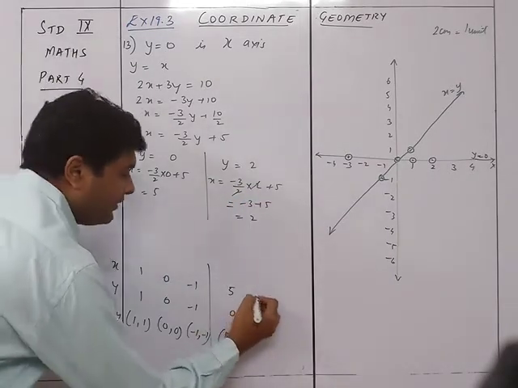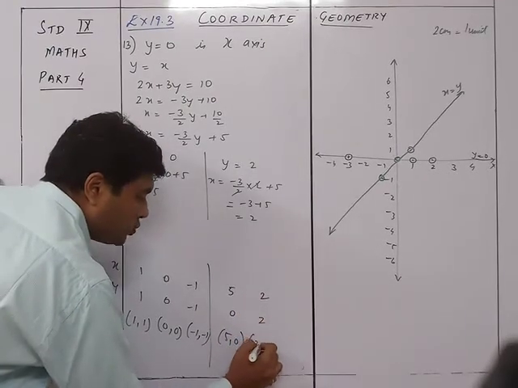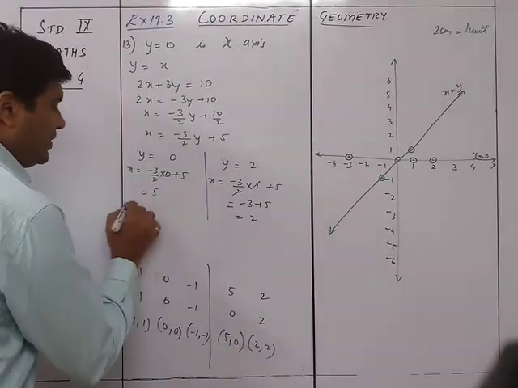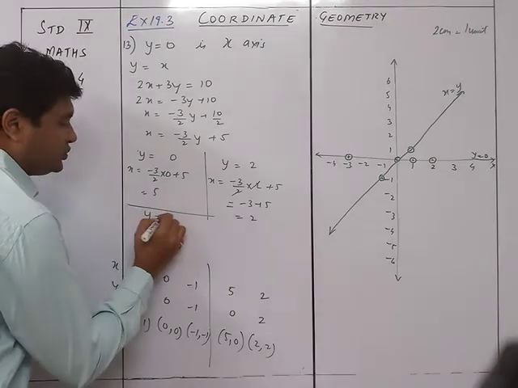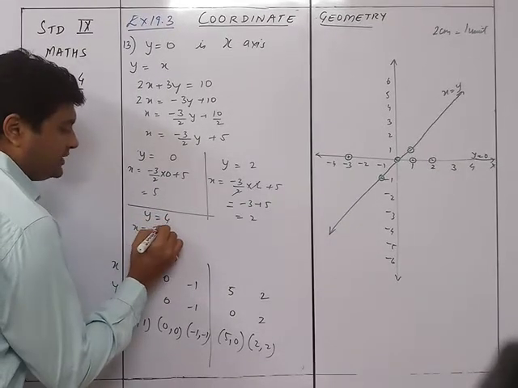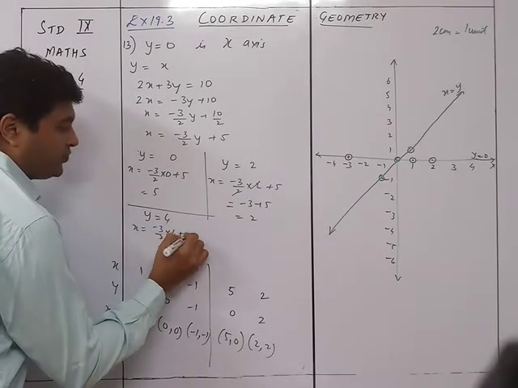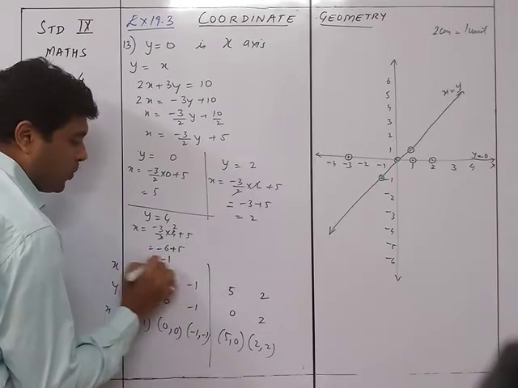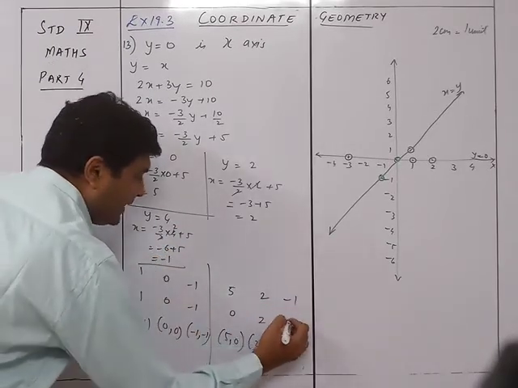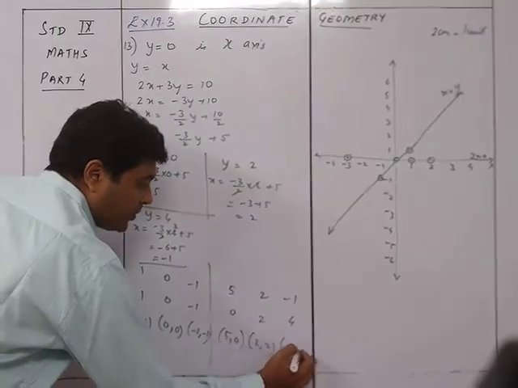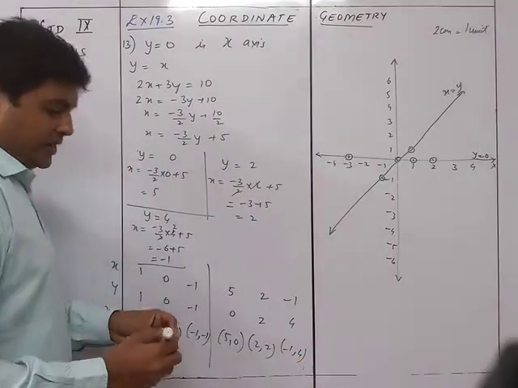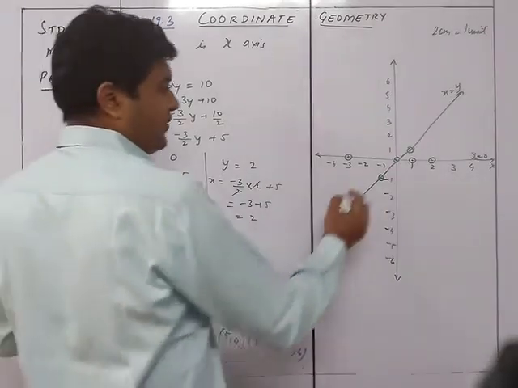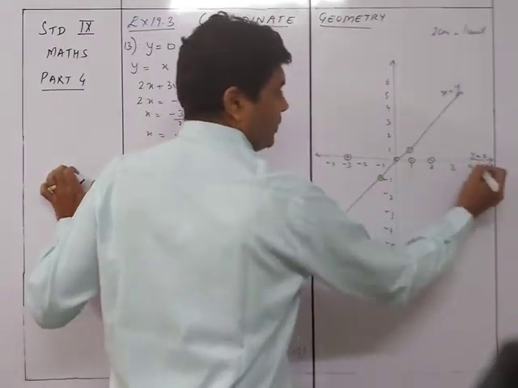So that will be 2 comma 2. And finally, if y is equal to 4, x will be equal to minus 3 upon 2 into 4 plus 5. That will be equal to minus 6 plus 5 is equal to minus 1. So that will be minus 1 comma 4. So the points over here, if you plot 5 comma 0, it is 5 over here.